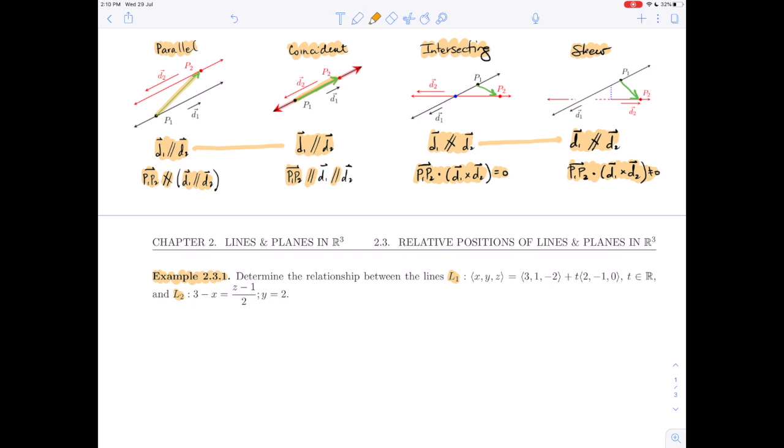So that gives us a bit of a strategy to approach our example. The first thing we're going to do is look at whether we have parallel or non-parallel direction vectors. Then depending on our result, we'll proceed to the appropriate test.